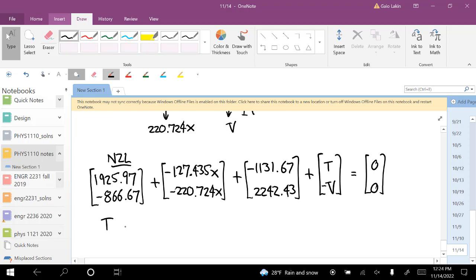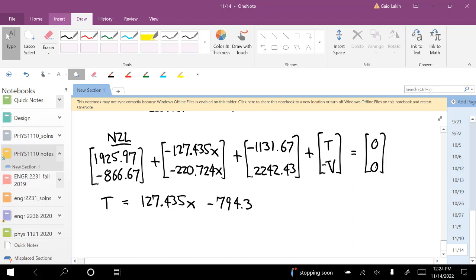And if you simplify this, you get T is equal to positive 127.435x minus 794.3. And V is equal to negative 220.724x plus 1375.76.